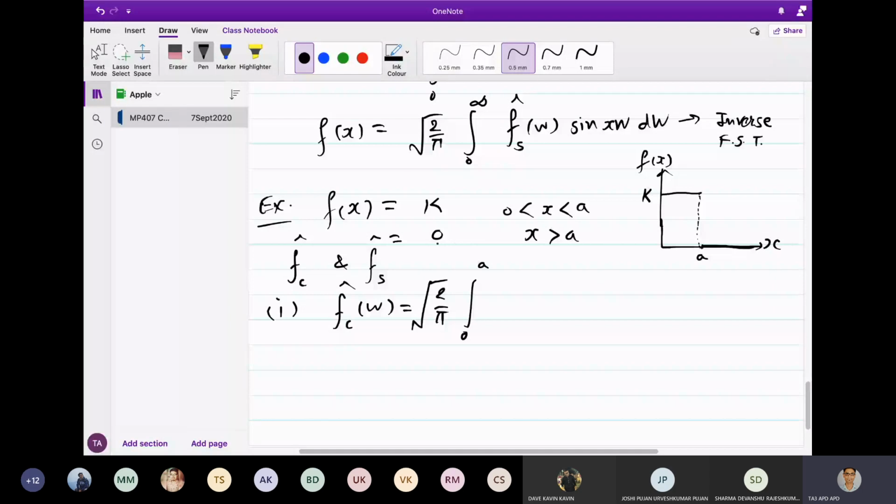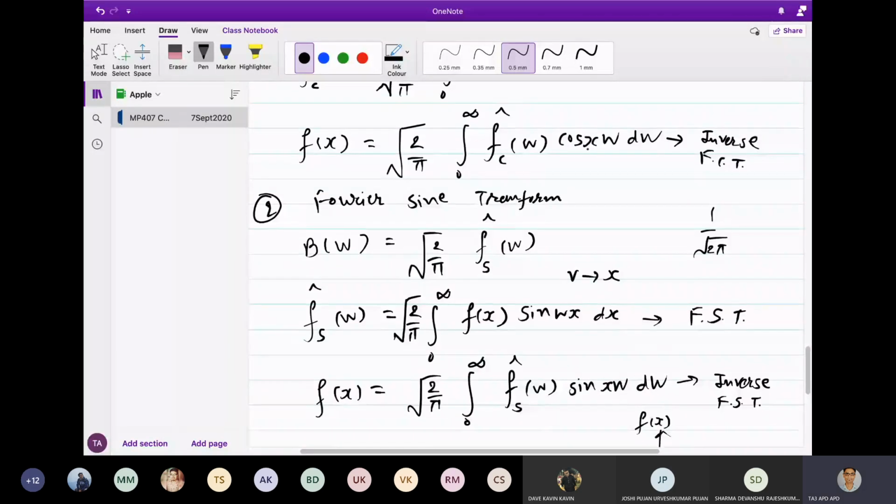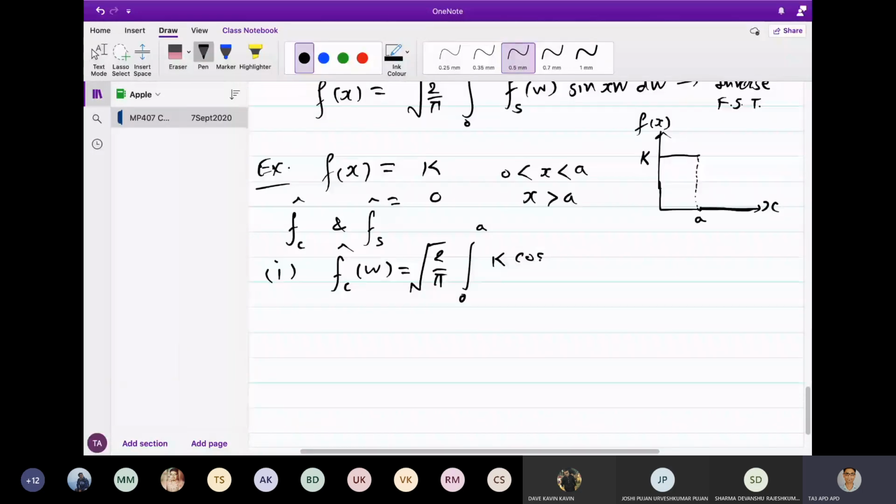From a to infinity, the function is 0. It's only between 0 to a that it is equal to k, so we get k cos wx dx. So it's a very simple integral, we just do it.